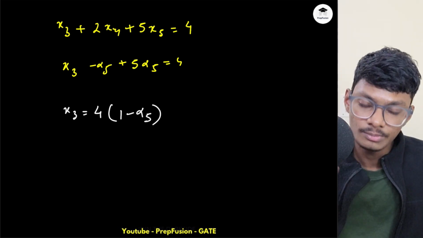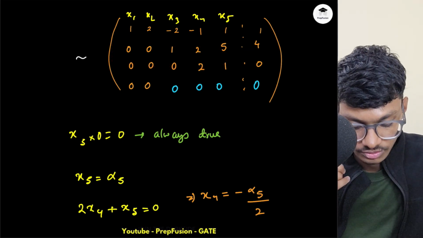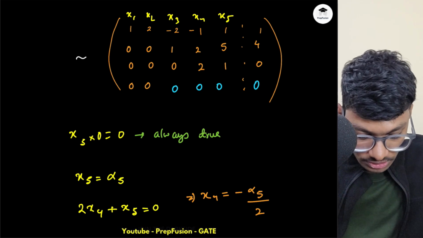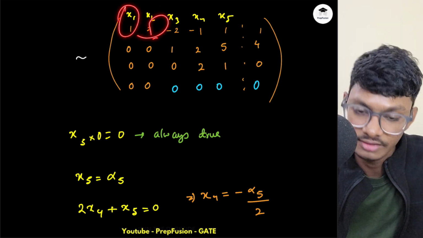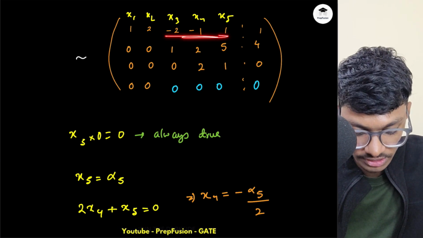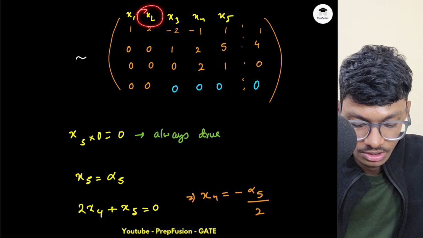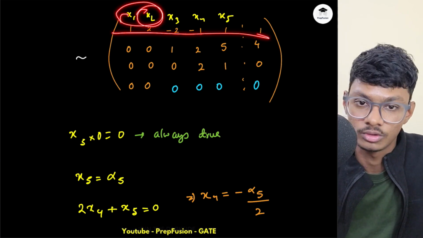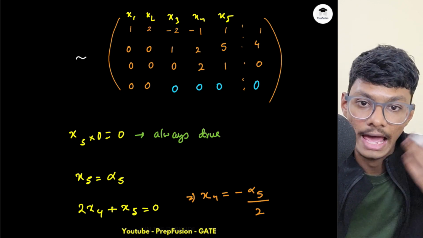Now is there any restriction on x2 here? There isn't. We will solve this, then we will understand. Because here I will need the value of x2 as well to find the value of x1. All these values, x3, x4, x5, I know, but I don't know x2. So I have one equation and two unknown variables. So to find the value of x2, I have to assume that x2 is some alpha 2.